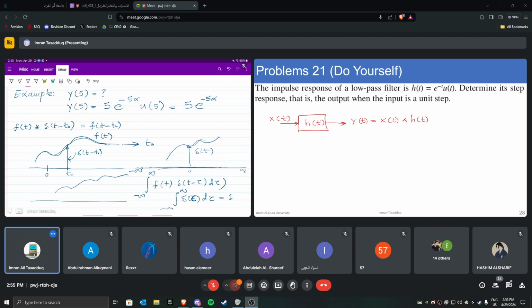So in this problem, he gave you h of t, which is e to the power minus t u of t. Did he give you x of t? No. Because he's asking us to find y of t, so to find y of t, I should have x of t. He gave you x of t. Where? He gave it here.